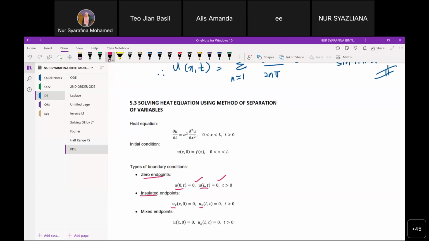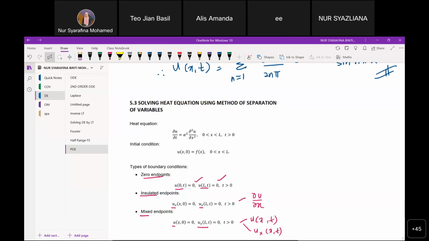When you want to apply the condition, you have to find UX first, where UX is the derivative of U with respect to X. And the mixed endpoint mixes U and also UX, so it uses the solution of u(x,t) and also the derivative of u with respect to x.